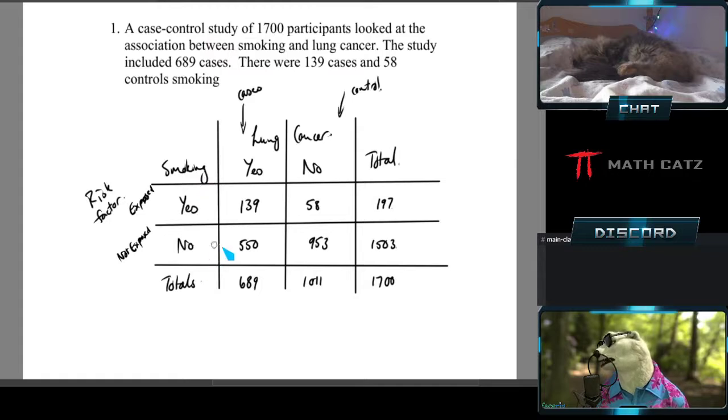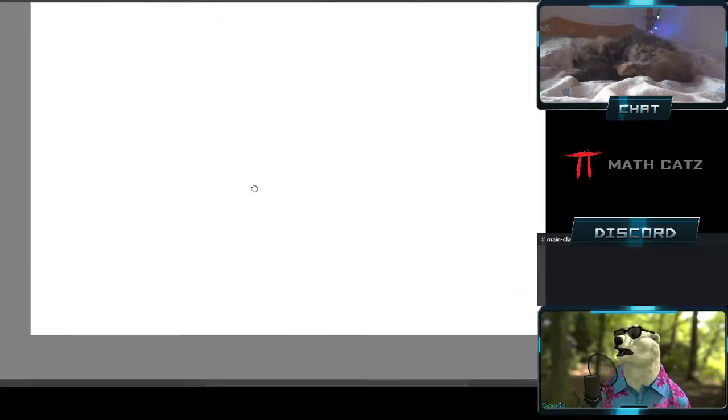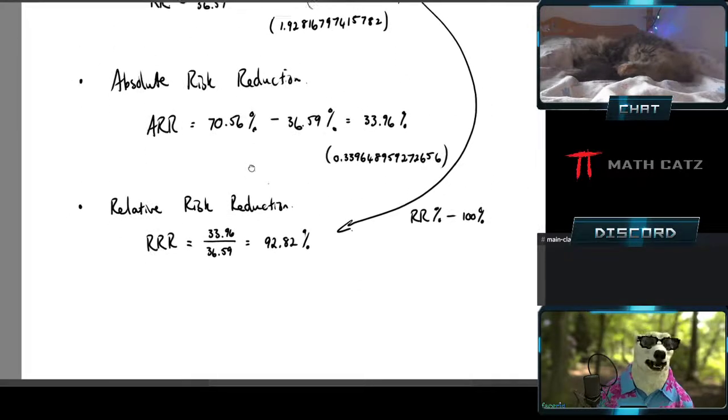Whether I smoke or not, there's a chance of getting lung cancer. But on top of that, my chances are increased by 92.82% if I smoked, if I'm exposed to the risk factor. Okay, so again, very important to be able to interpret these things. Let me just see how much space I have. I'd like to do everything on the page, and I think I can.